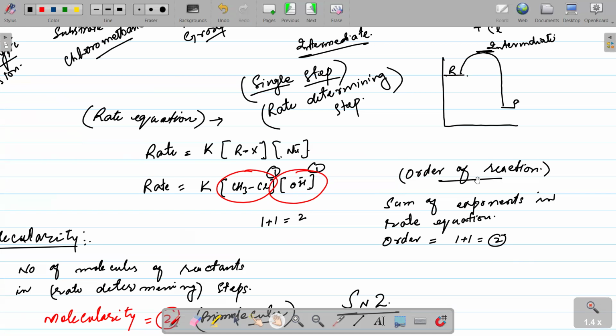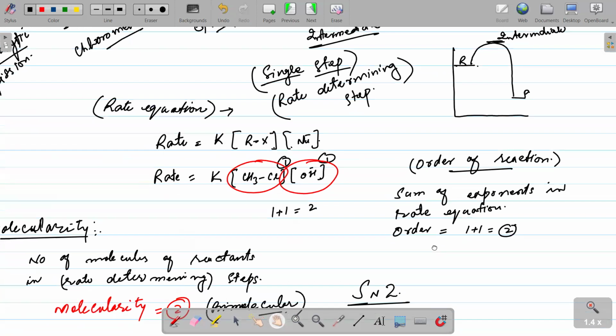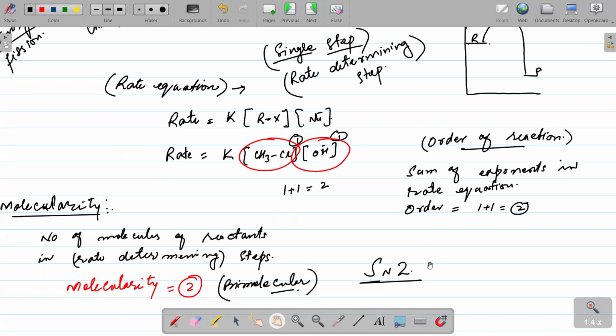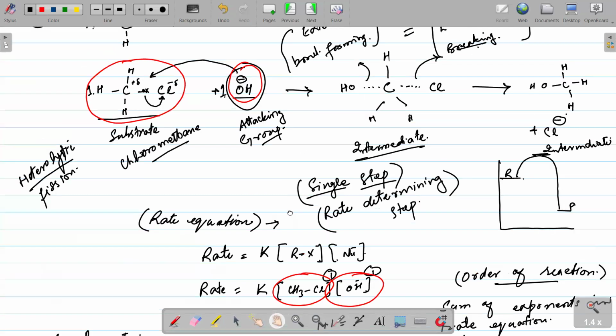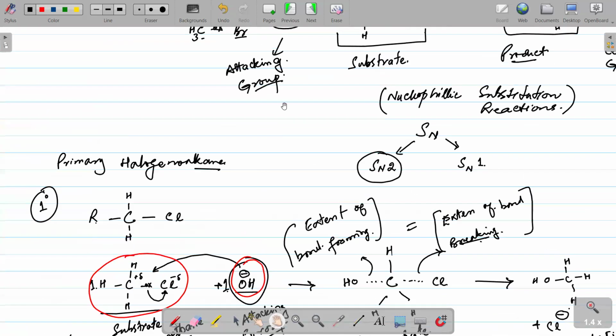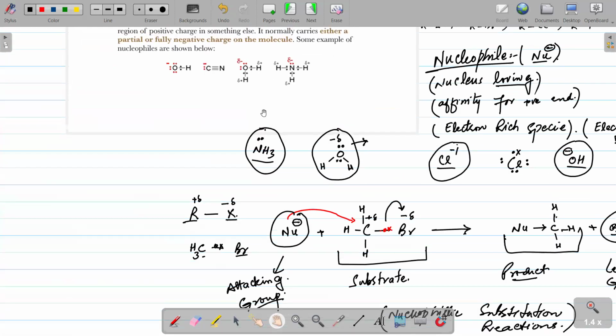So the order of reaction is the sum of exponents in our rate equation. So its order is 2. So that's why it is also known as the SN2 reaction mechanism. Is it clear? Now let's see some of the details of these nucleophilic substitution reactions from this example.